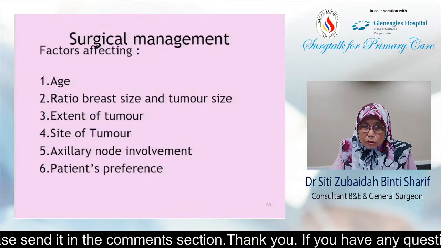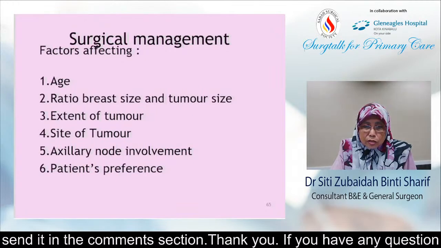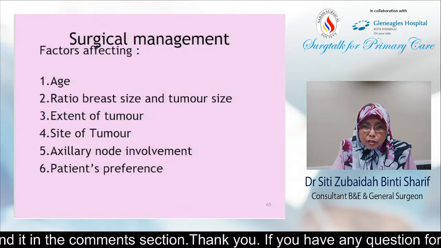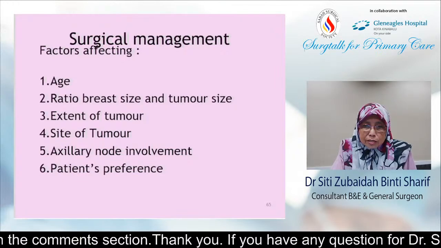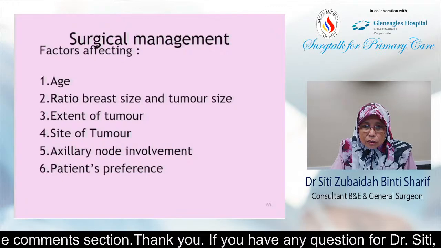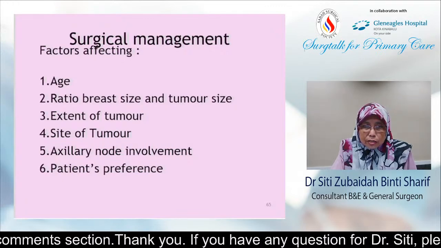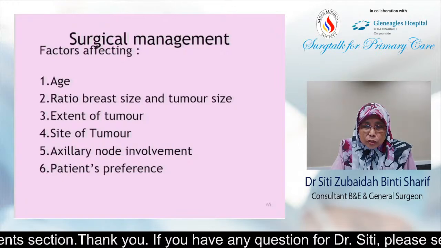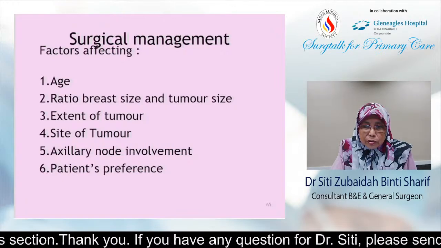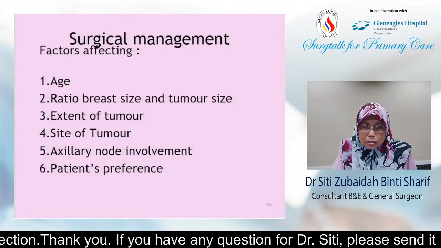So how we choose depends on the ratio of the breast size and the tumor size. If the breast is small and the tumor is small, sometimes we couldn't save the breast. We need to do mastectomy.